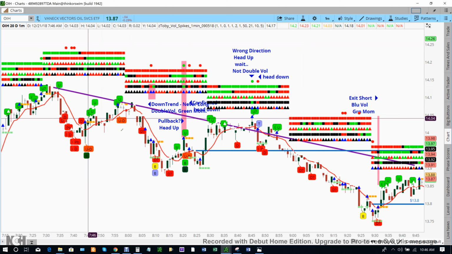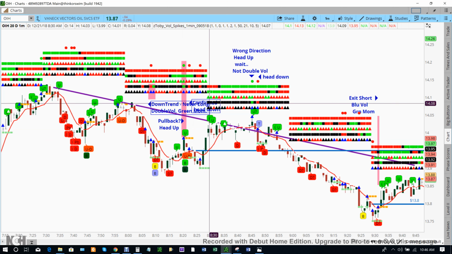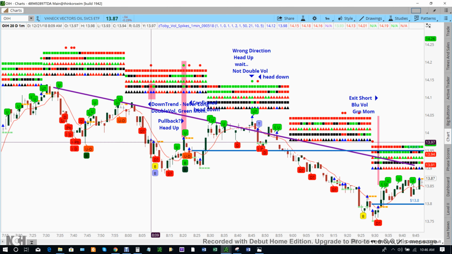When you do a downtrend, again, we're looking for double volumes, and sometimes the momentums for the double volumes are red, which means they think it's going to continue to go down. There are only 2 cases on a double volume: either the momentums will be red, meaning it thinks it's going to go down, or green, meaning it thinks it's going to go up.